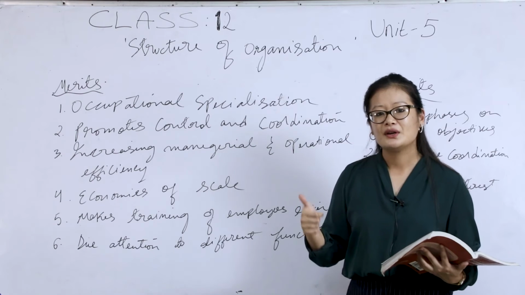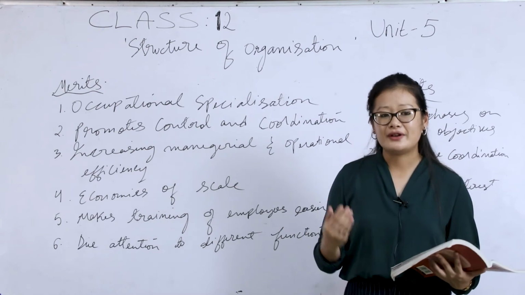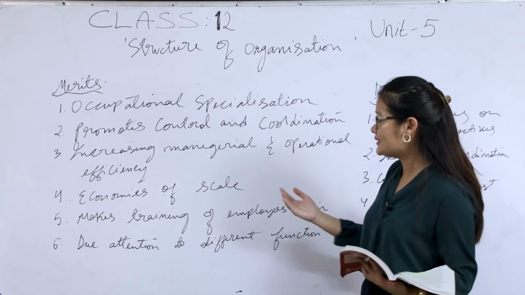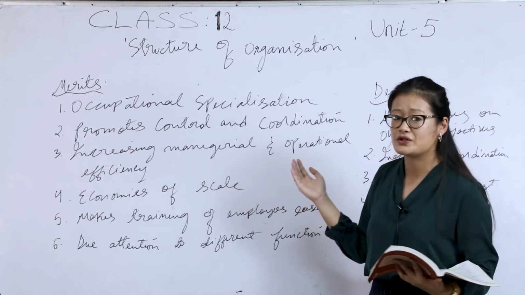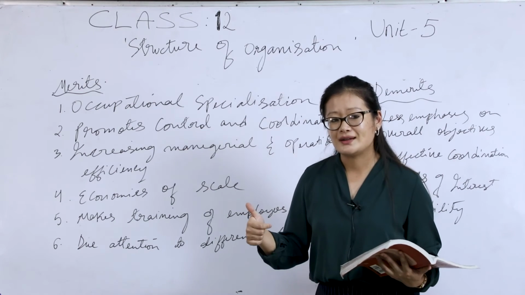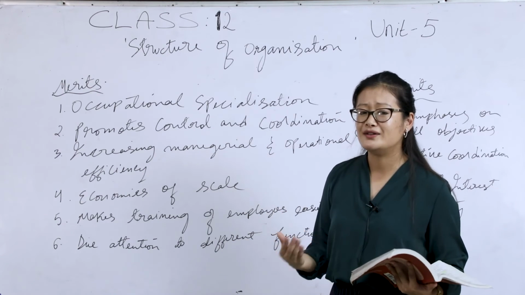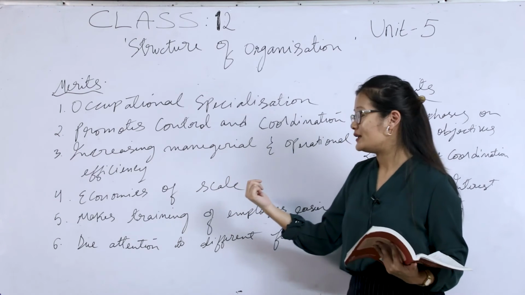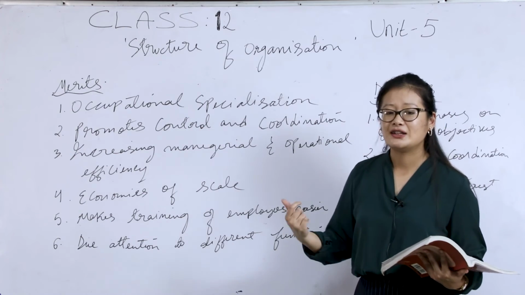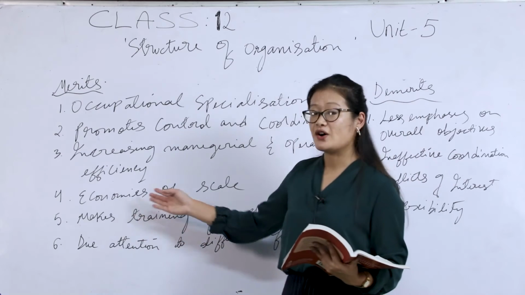At the same time, they also generate a lot of revenue. That is what increasing managerial and operational efficiency is all about. Remember that they generate profit. At the same time, the way they put their effort, the way they work under this organization, it is always effective and efficient. Number 4 is economies of scale.